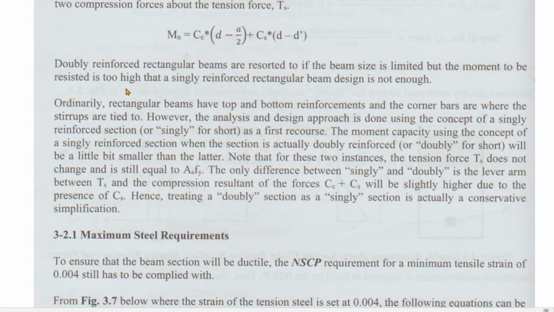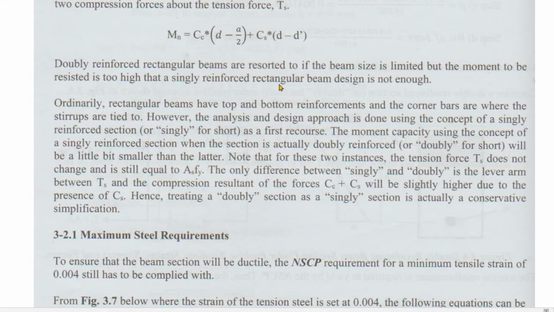Doubly reinforced rectangular beams are resorted to if the beam size is limited but the moment to be resisted is too high that a singly reinforced rectangular beam design is not enough. Now let's go back to SRB. So, i-multiply mo yung T times the lever arm na d minus a over 2.